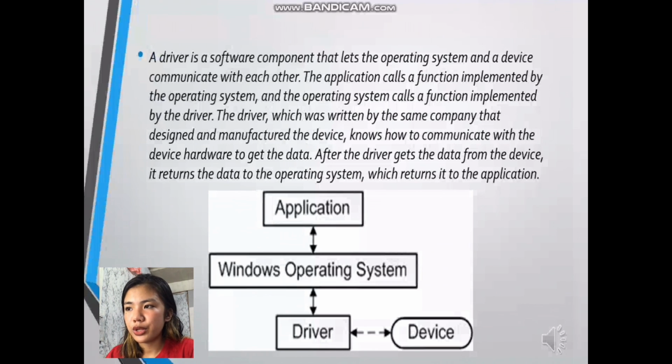For example, suppose an application needs to read some data from a device. The application calls a function implemented by the operating system, and the operating system calls a function implemented by the driver. The driver, which was written by the same company that designed and manufactured the device, knows how to communicate with the device hardware to get the data.